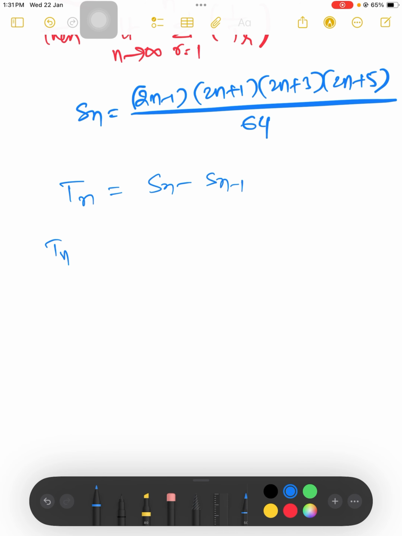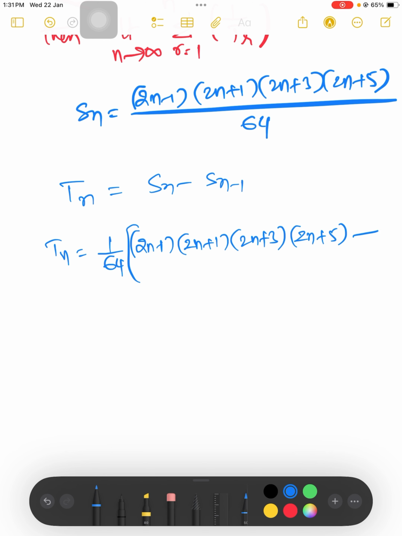Taking 64 common, Sn is (2n minus 1)(2n plus 1)(2n plus 3)(2n plus 5), minus Sn minus 1. In place of n, if you substitute n minus 1, it becomes 2n minus 3, then the second term is 2n minus 1, the next term is 2n plus 1, and then 2n plus 3.